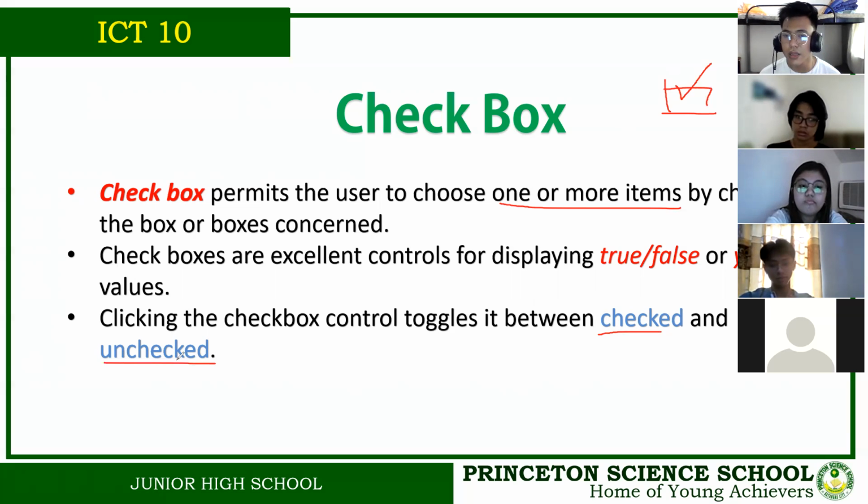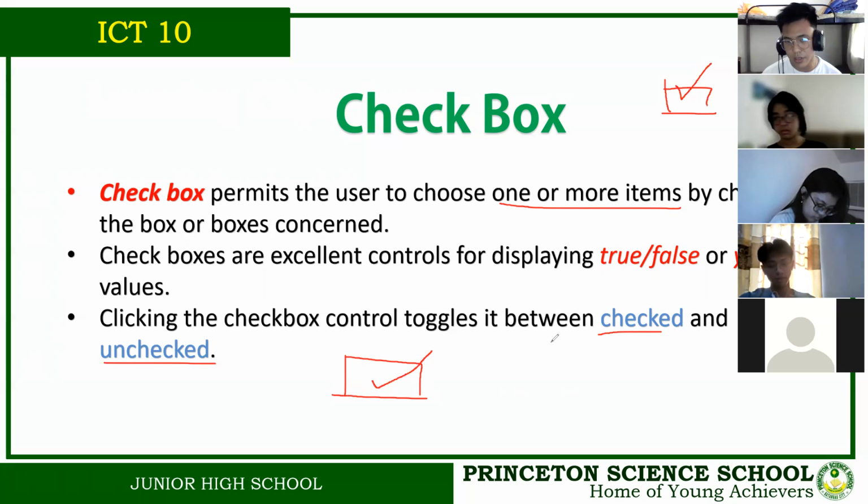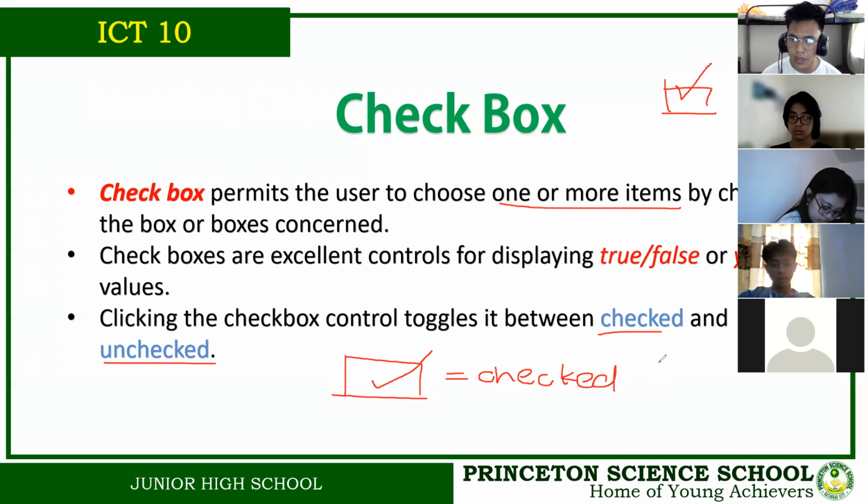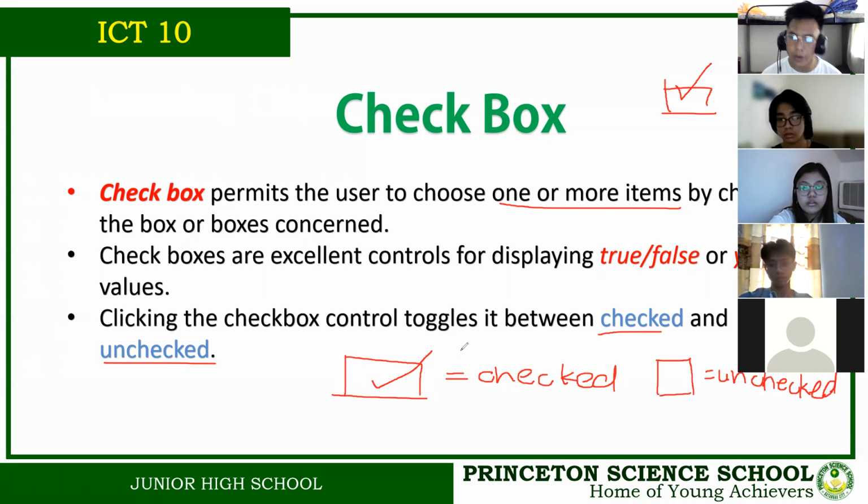What does it mean? If this is our checkbox and it is checked, of course, it is checked. And if it is not, it is unchecked. Okay, so keep that in mind as of now.